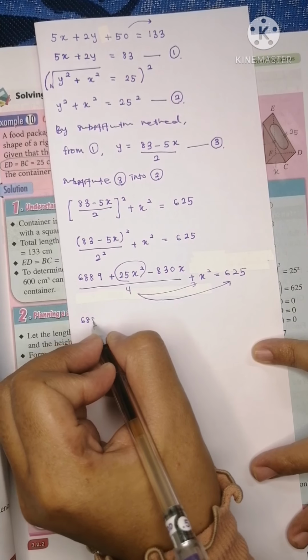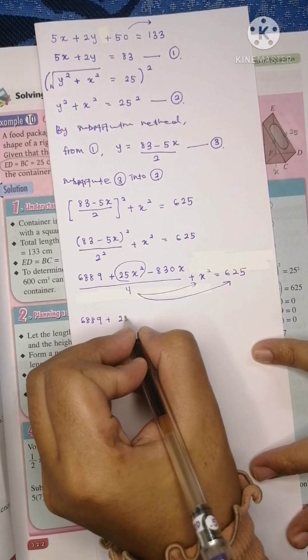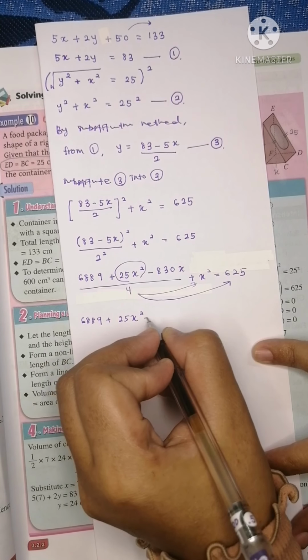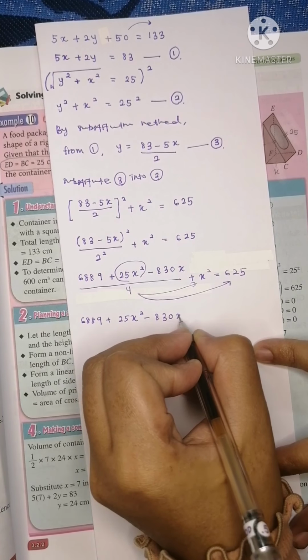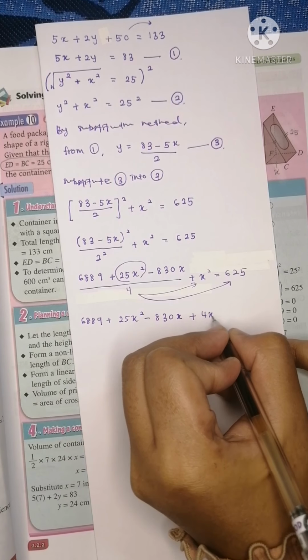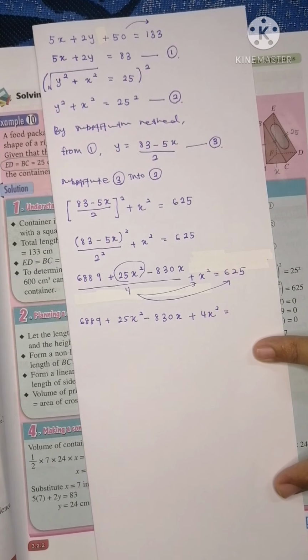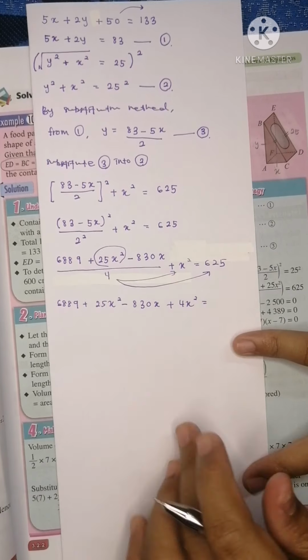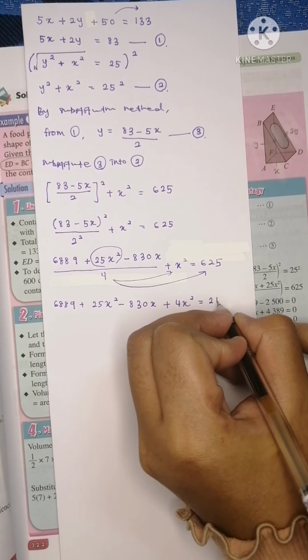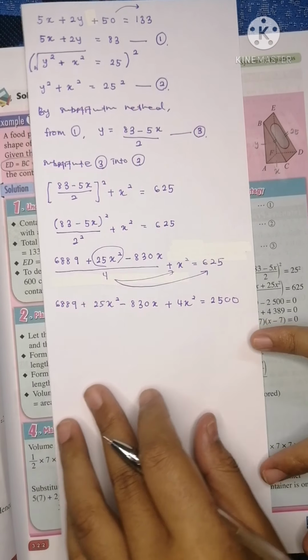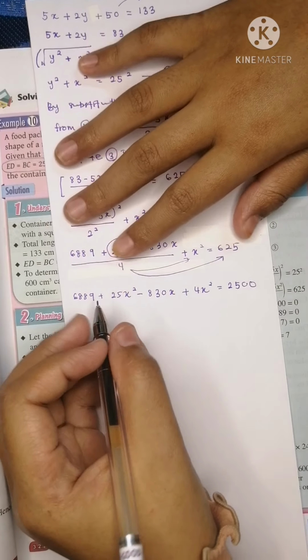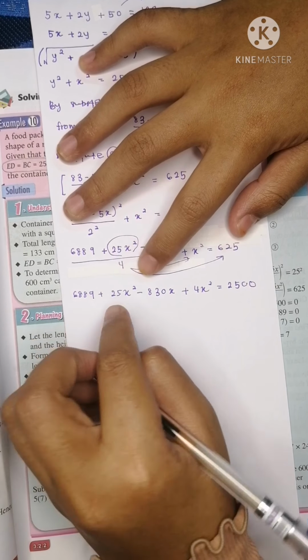So 6889 plus 25x square minus 830x plus 4x square equal to 625 multiplied by 4, so the answer is 2500. Then we solve it.